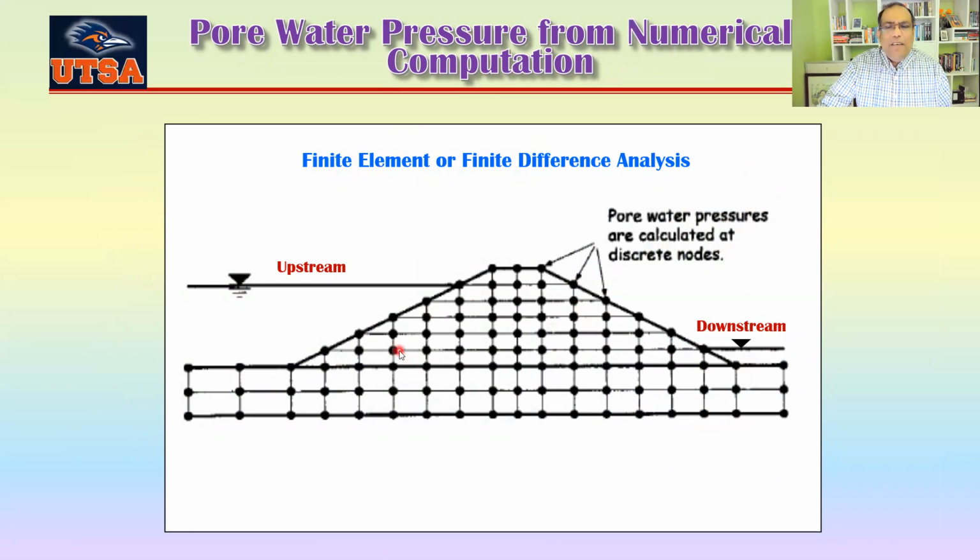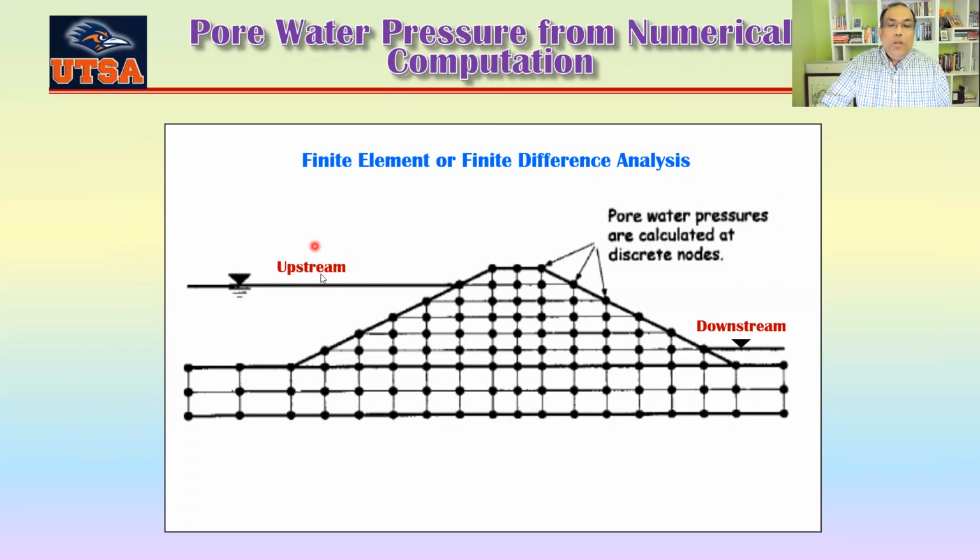This is kind of like a finite difference grid, but the software we are going to use is finite element software, and you will get different types of grids and nodes, which may be more advantageous than this one here.